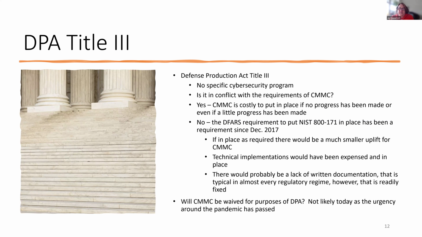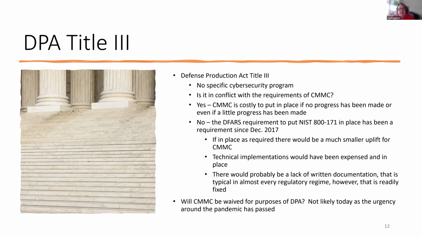And one of the things is how you would have expensed it if you had money. You could have expensed it and put it in place if you had something through the Defense Production Act. But they don't have a specific requirement on the documentation. And you'll hear from Bill and me both that the primary thing that we find is that people don't really have adequate documentation.